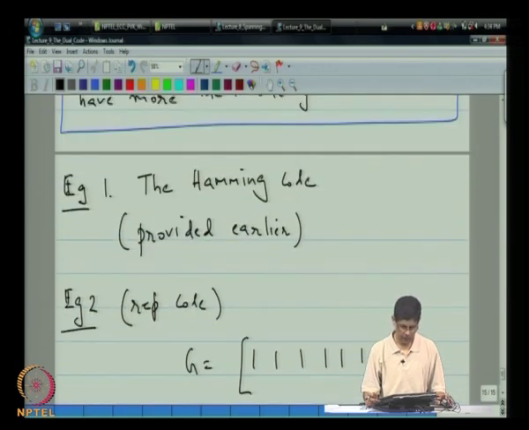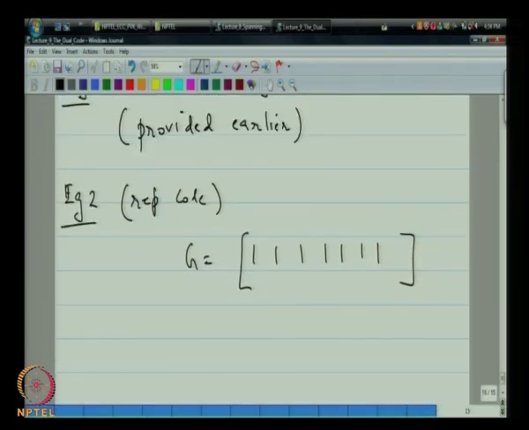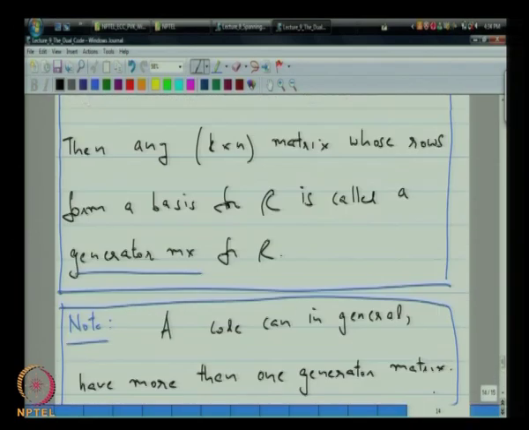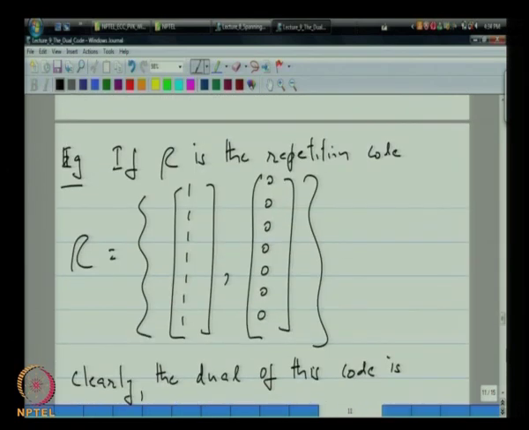And now, one remark here is in order. When I talk about the repetition code here and I put down vectors, I am putting them down as column vectors. However, when you view them in terms of the generator matrix, code words appear along the rows.